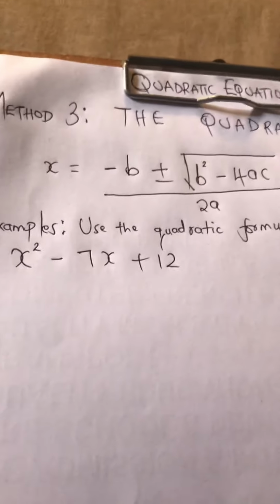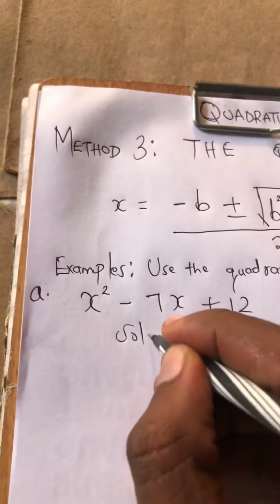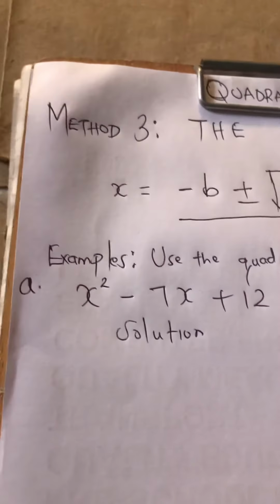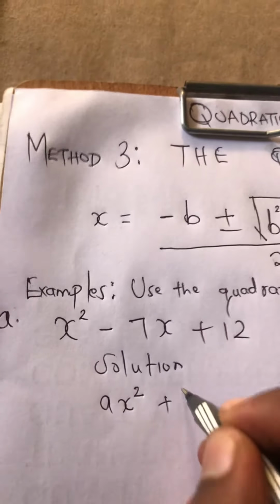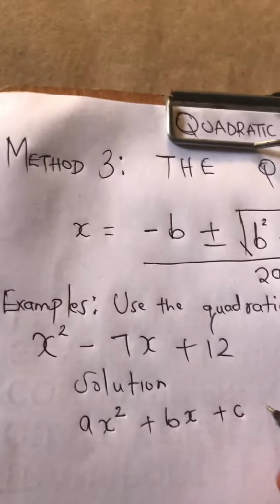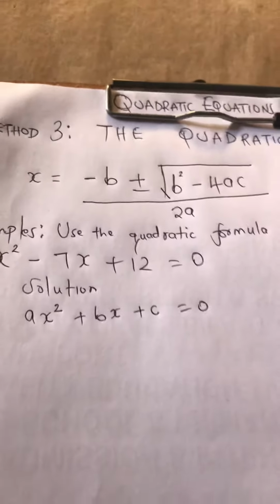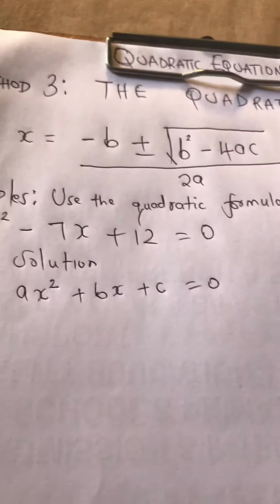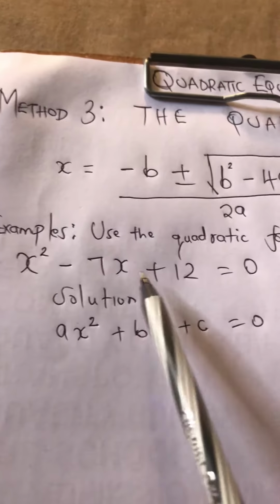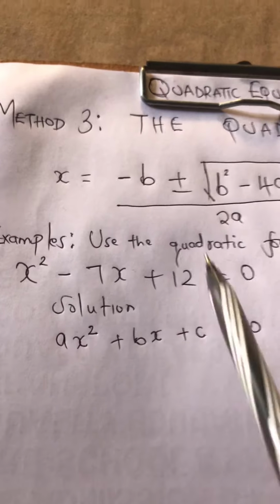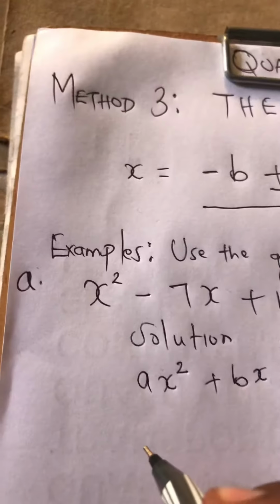First of all, you have to identify whether the question has been written in the form of ax square plus bx plus c is equals to 0. It is a quadratic equation, so it must be equal to 0. So ukiangalia vizuri imepangwa hivyo. Tumeanza na x square, tukafuata na 7x, so bx, then plus c which is 12. So we can now start.